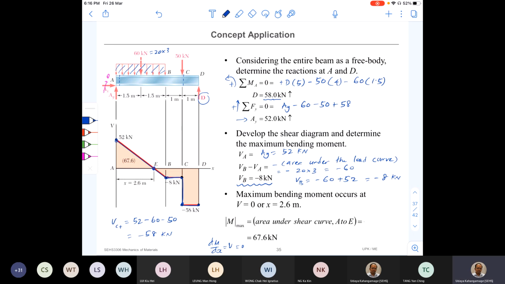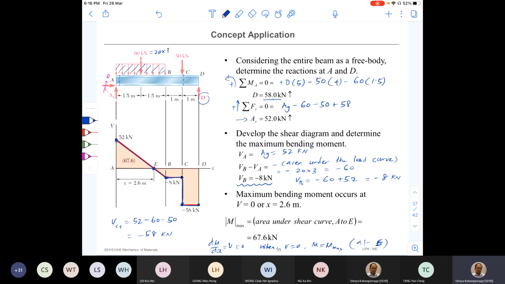Okay, so that means when V equals 0, M is equal to M max, and it is going to happen at point E. But we don't know exactly where E is. I did a calculation and found that E is 2.6 meters from point A. How did I get that?